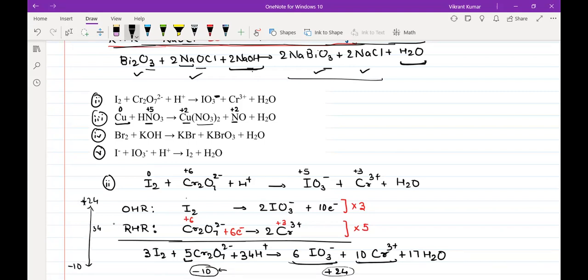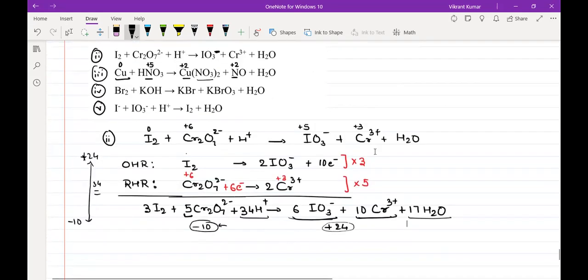In order to manage that charge, we need to add 34H plus on the left side. And then charge is balanced. Now we need to balance hydrogen. There are 34 hydrogen on the left side, so to balance that we need to add 17H2O on the right side. Okay sir, got it. And then oxygen is balanced. Okay. Third one.